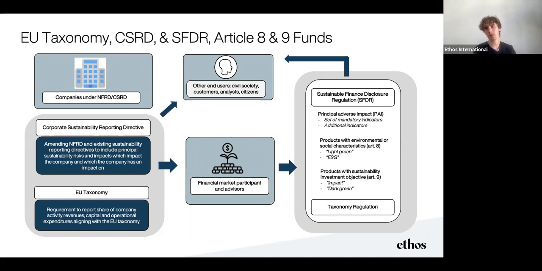And it will also obviously require large entities, so entities with 500 employees and which are listed or have a bond on the market, to disclose their EU taxonomy. So this is where the information that goes into the Article 8 and 9 funds will come from. It will come from the assets under management.